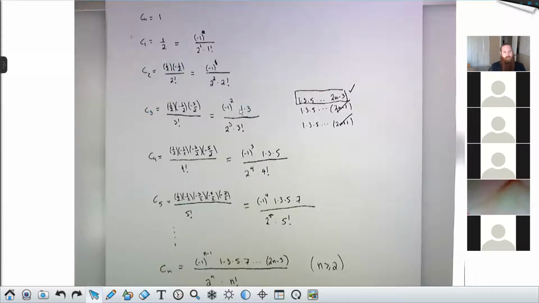If the index is 3 and the product ends at 3, the index is 4, the product ends at 5, the index is 5, the product ends at 7, and I try to find a formula for a generic odd number that matches those things. And here 2n minus 3 works. Yeah, it's not entirely obvious.